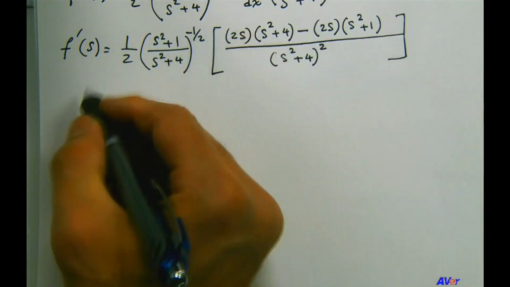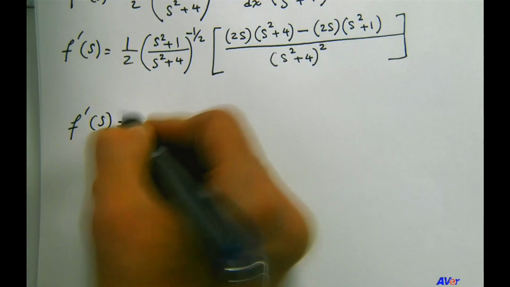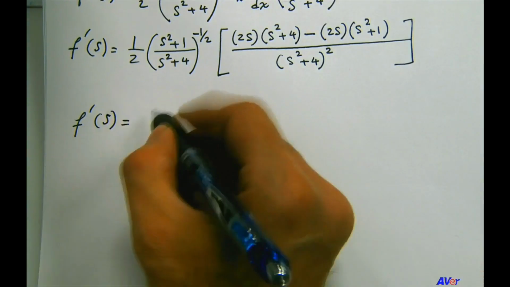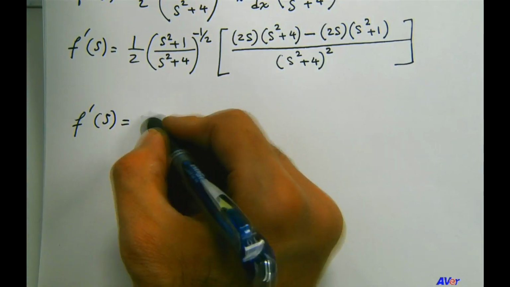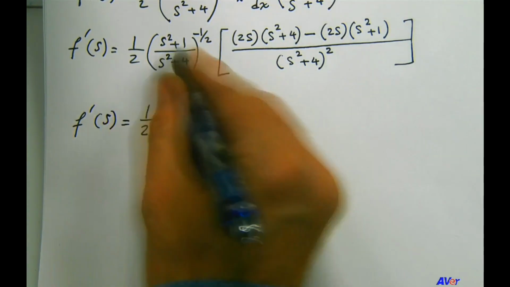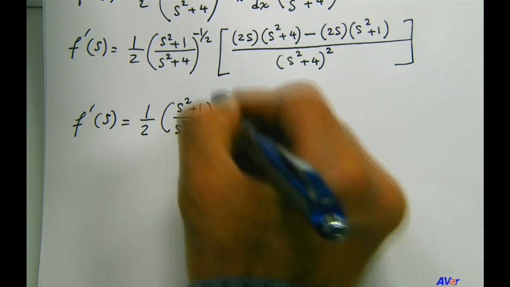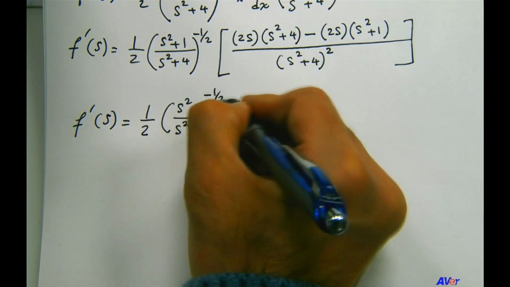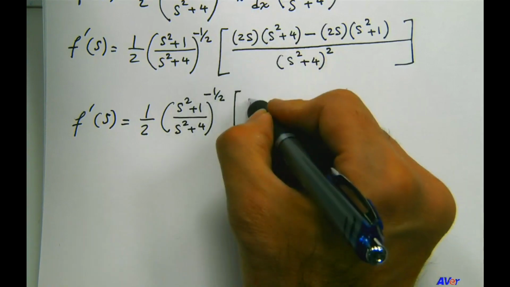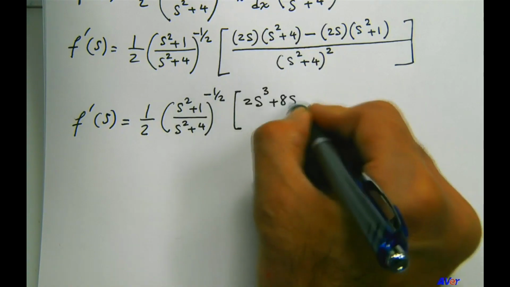So we have f prime of s is equal to, let's say, 1/2 times s squared plus 1 divided by s squared plus 4, to the minus 1/2 power, and times 2s times s squared is 2s cubed. 2s times 4 is 8s.